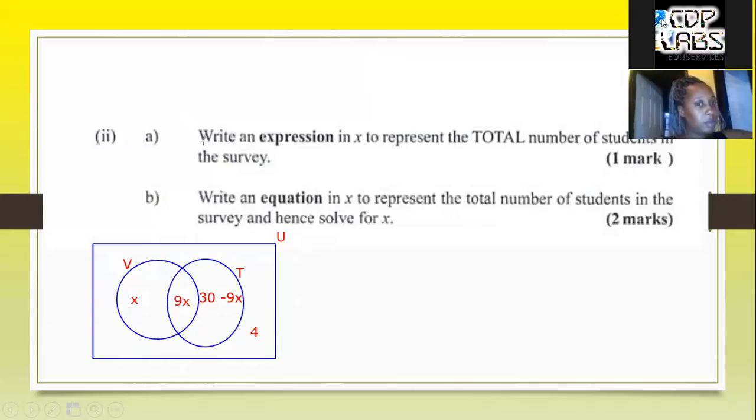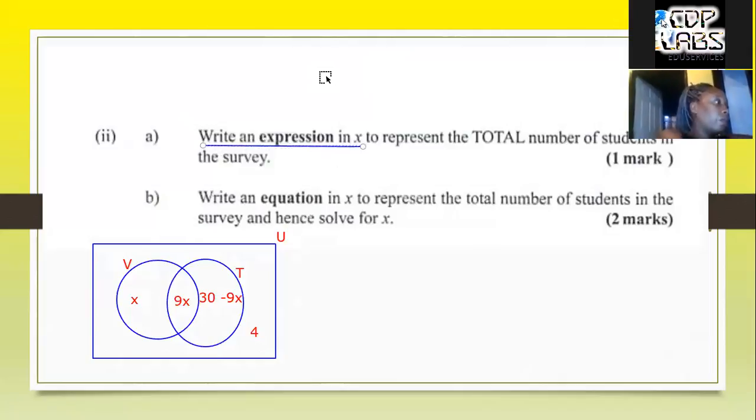Write an expression in x. What do you think? Sorry.